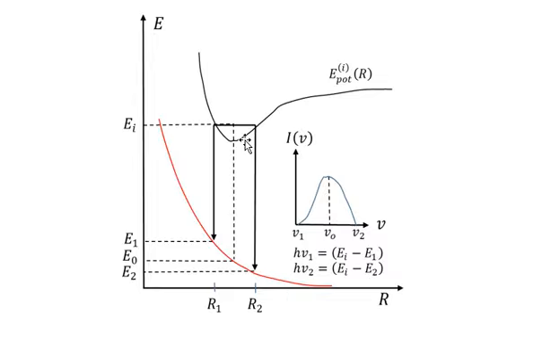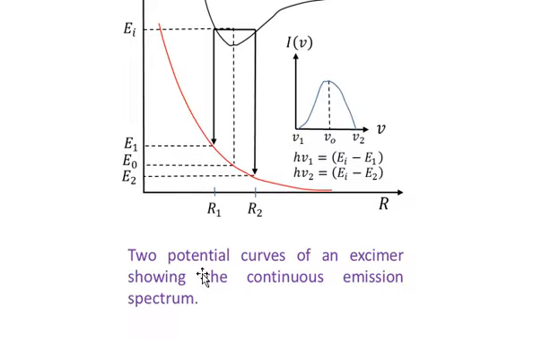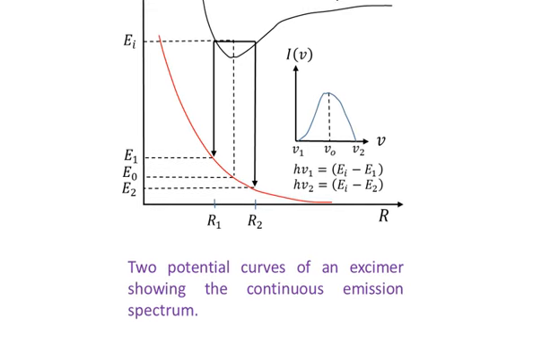So you can have a continuous region of transitions from the upper binding curve to the lower unbound curve, and then of course a large number of excitations are possible. So these are two potential curves of an excimer showing the continuous emission spectrum from the upper state to the lower state. The emission is continuous in the form of a continuous band of light.